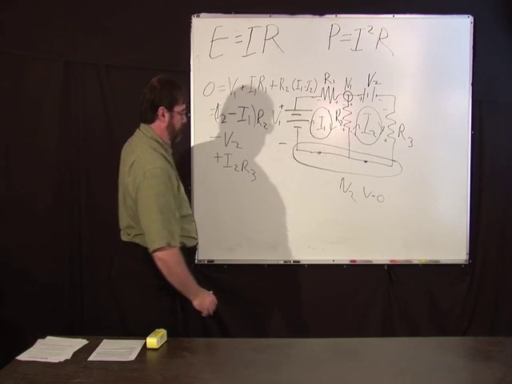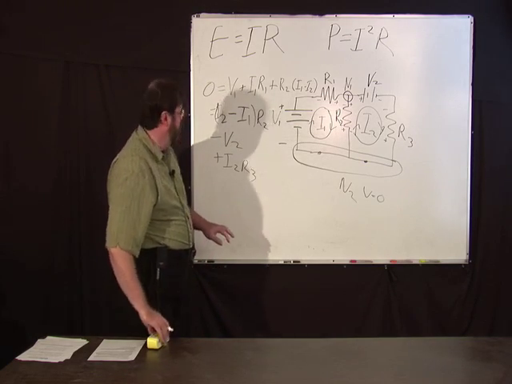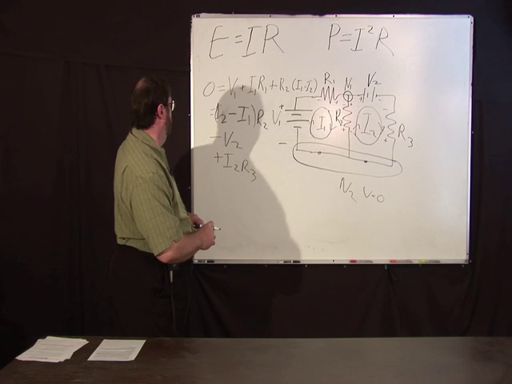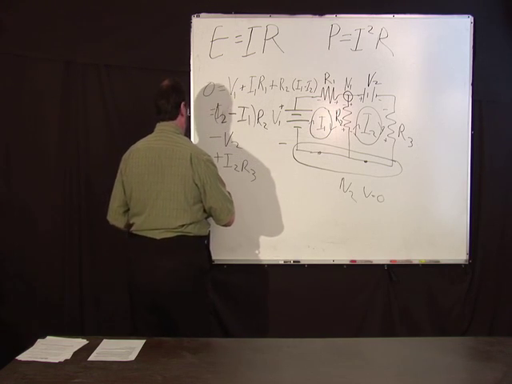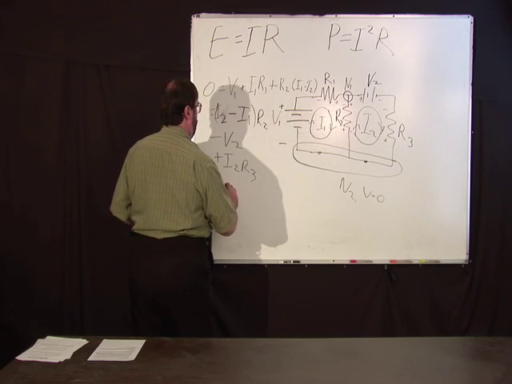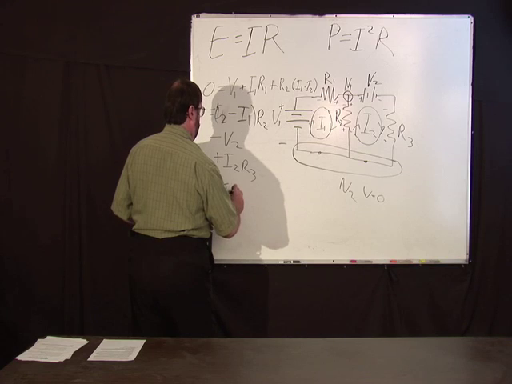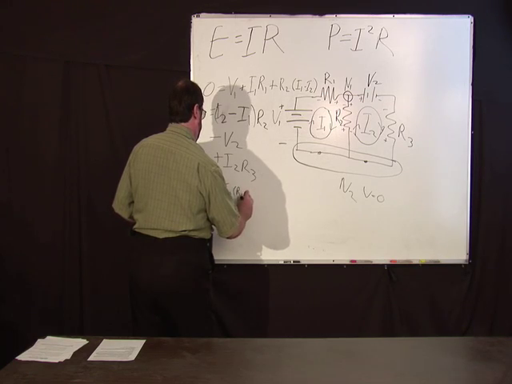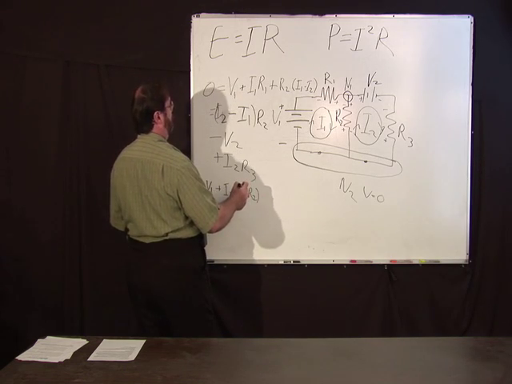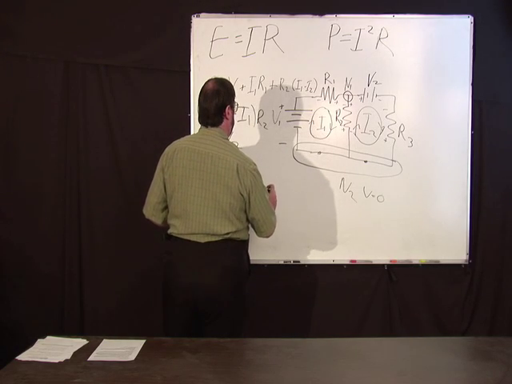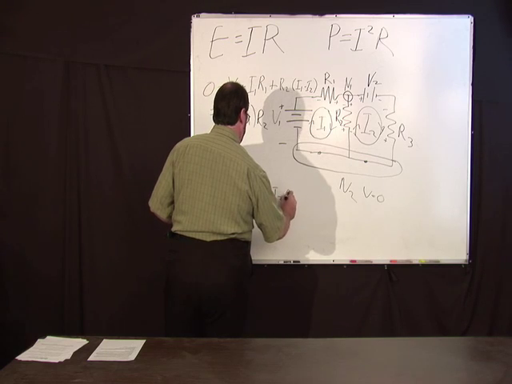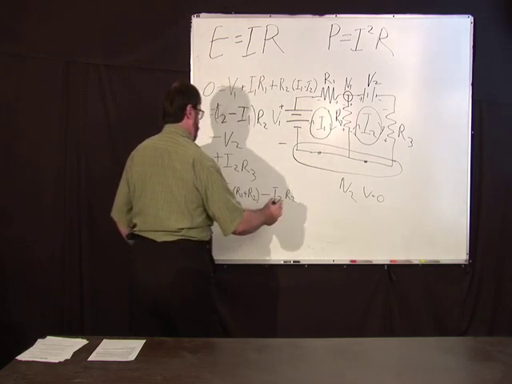Okay, well, what have we got? Let me write this so it's easier to see. So we've got V1 plus I1 (R1 plus R2). Let's do a little algebra, grouping things a little differently. Minus I2 R2 equals 0.